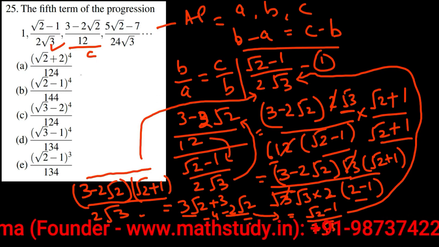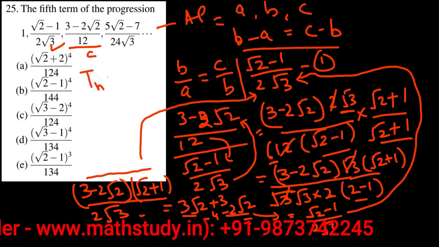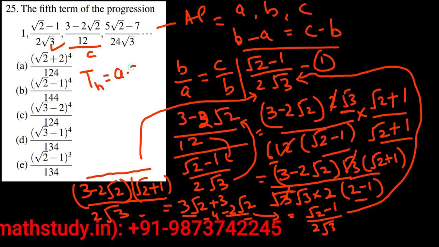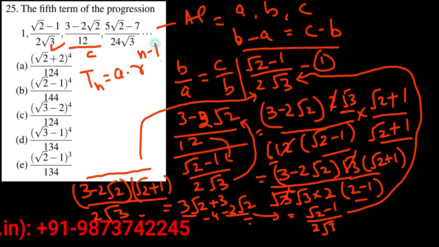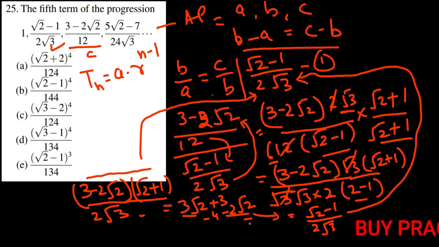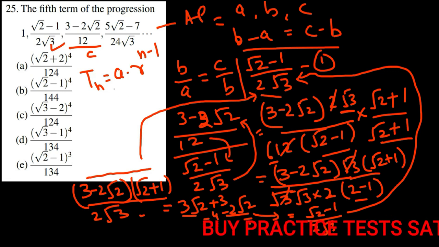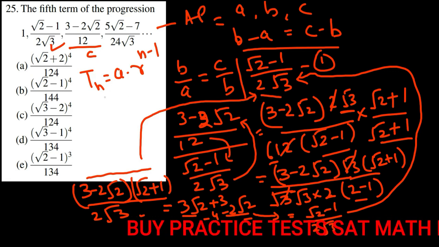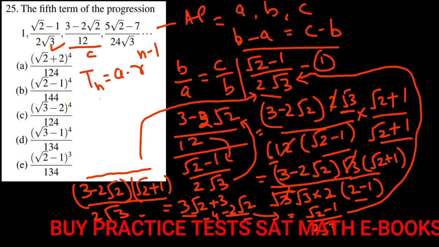Tn is basically a into r raised to the power n minus 1, right students? This is the general term or nth term of a GP. Here the ratio r is the common ratio which we got, root 2 minus 1 upon 2 root 3, and a is our first term, which is 1. Very simple. Now we have to find the fifth term, n equals 5, obviously.